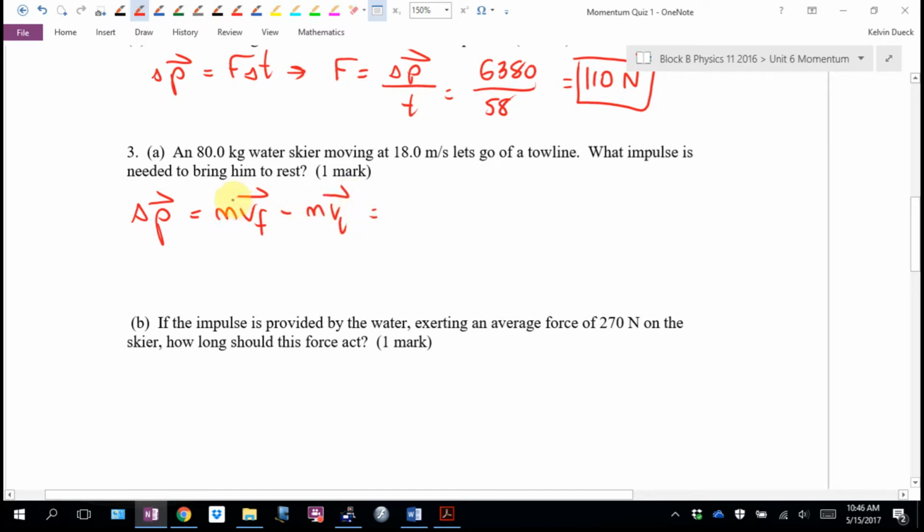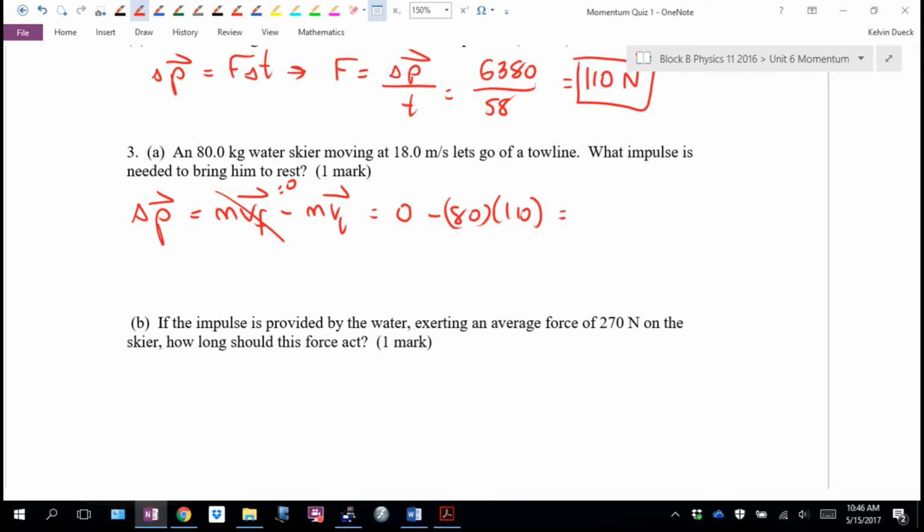And I think in this case, the final momentum is 0, because it says brought to rest. So it's going to be 0 minus 80 times 110. 8,800? Negative, sorry, negative 8,800?